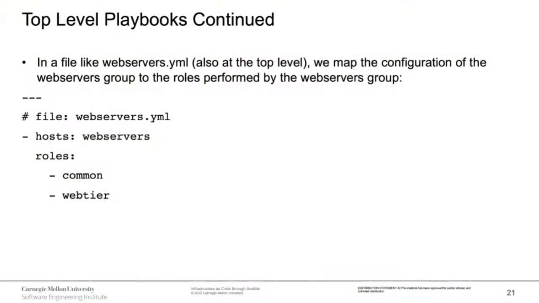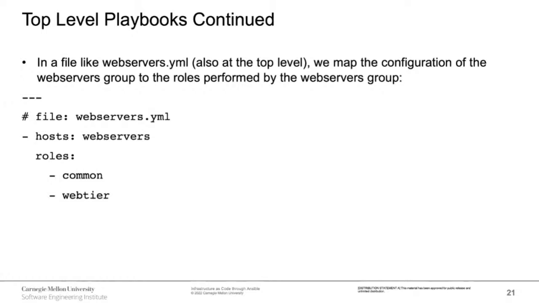So that brings us to, well, what are they doing, right? In a file like webservers.yml, which is also at the top level of the repository, we're actually mapping the configuration of a node to the node, right? So we're mapping the configuration of the web servers group to the roles that are needed in order to turn it into web servers.